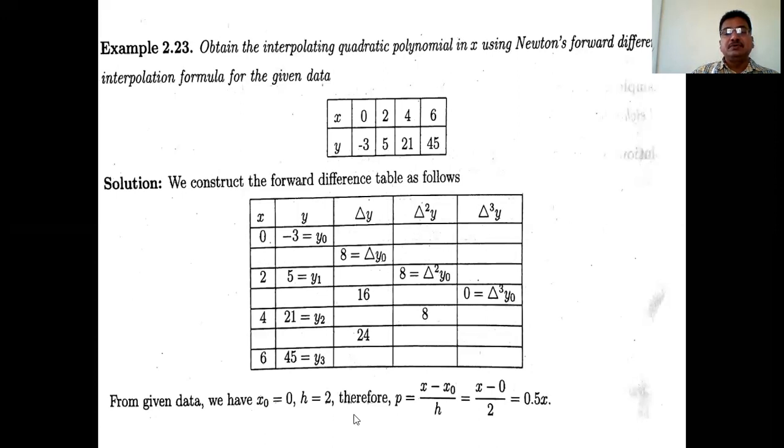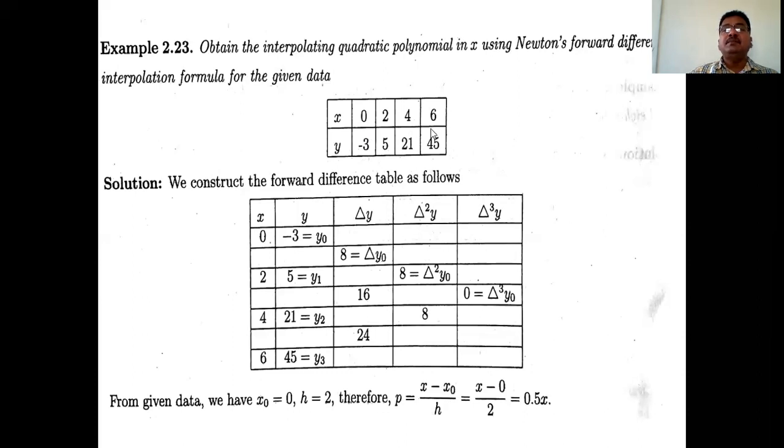And h is the common difference, which is 2. Therefore, instead of this p, use the letter u while writing these problems in your notebook. Use the proper notations given to you for previous problems. So what is u? u is x minus a, where a is 0, divided by h, the common difference. And what is x? x is x, because we have to find the polynomial which fits this data.